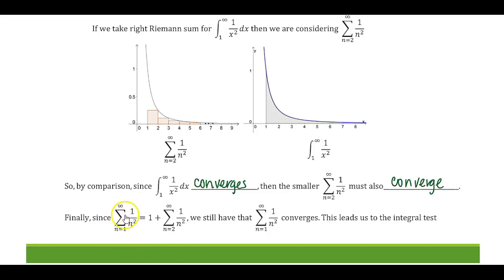So since this series is equal to 1 plus this series that we know converges, if we know it converges to some finite number, that means adding 1 onto it must still converge. So we still have that the sum of n equals 1 to infinity of 1 over n squared converges. So this leads us to the formal integral test.